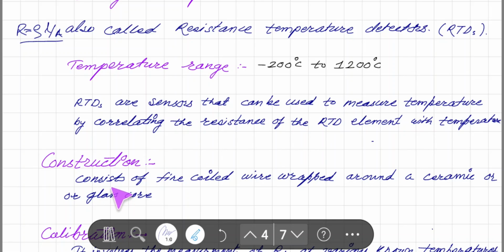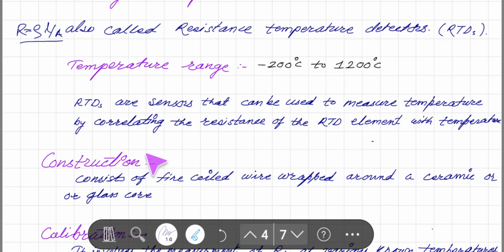Construction of RTDs: it consists of a fine coil wrapped around a ceramic or glass core. Here a particular metal is used in coil form and it is wrapped around a ceramic or glass core, because the material may be fragile, and in order to protect it we wrap it in a ceramic or glass core.